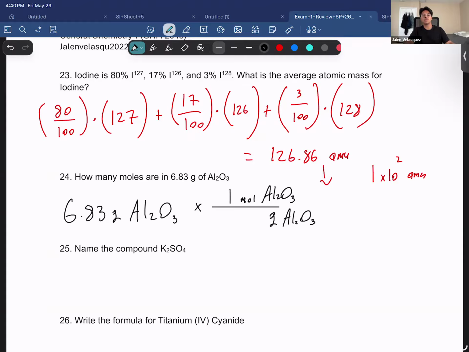To convert from grams to moles, you have to use the molar mass, which you find from the periodic table. So we have Al2O3. You look at the periodic table, see how much aluminum weighs, and multiply it by 2. Then you look at oxygen, which is 16, do that times 3, and add them up. So the molar mass for Al2O3 is 102.